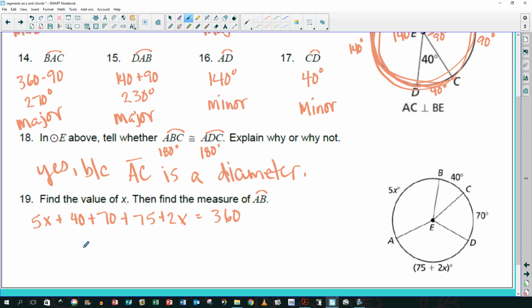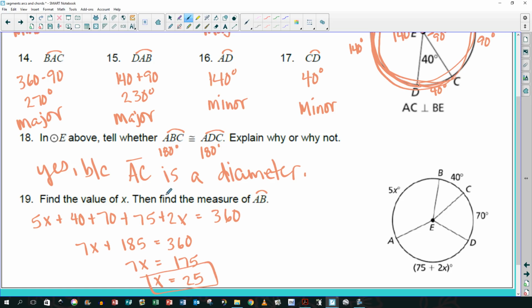So add your like terms. 7x plus 185 equals 360. Subtract. 7x equals 175. Divide. So x is 25.